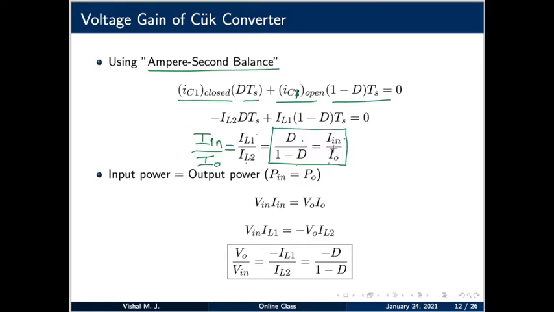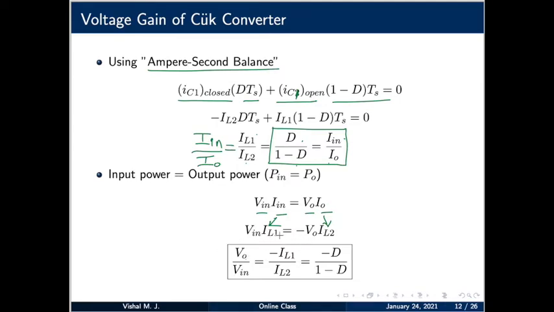But we are more interested in finding the voltage gain. So, that is pretty easy. Vin into IN is equal to V0 into I0. This is based on assumption number 5 where the components are ideal. So, the efficiency is 100%. There is no losses. Now, what is IN? It is nothing but IL1. What is I0? It is nothing but minus IL2. Okay.